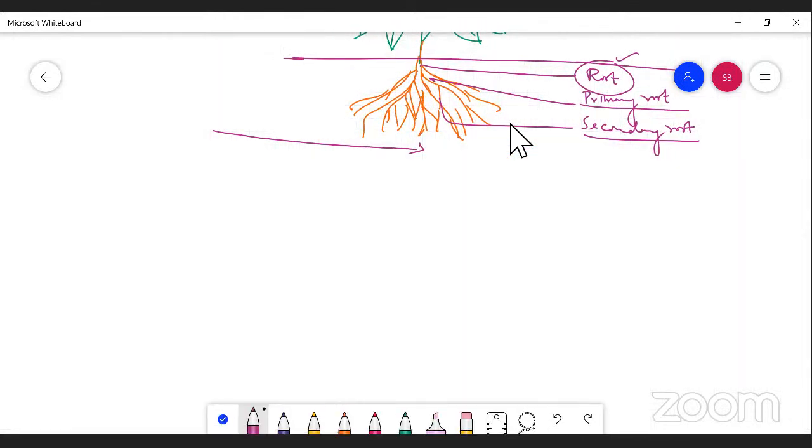So now, the parts of the flower. What are the parts of the flower?